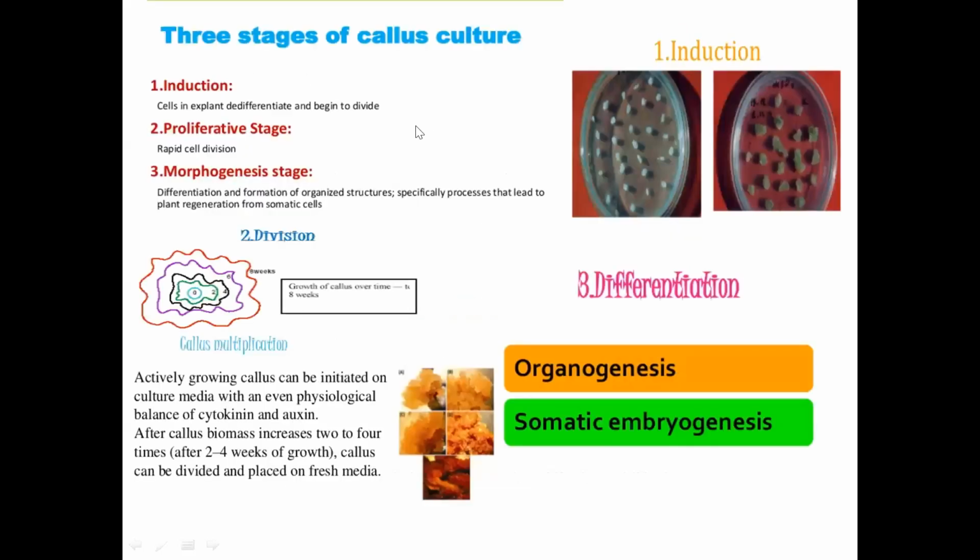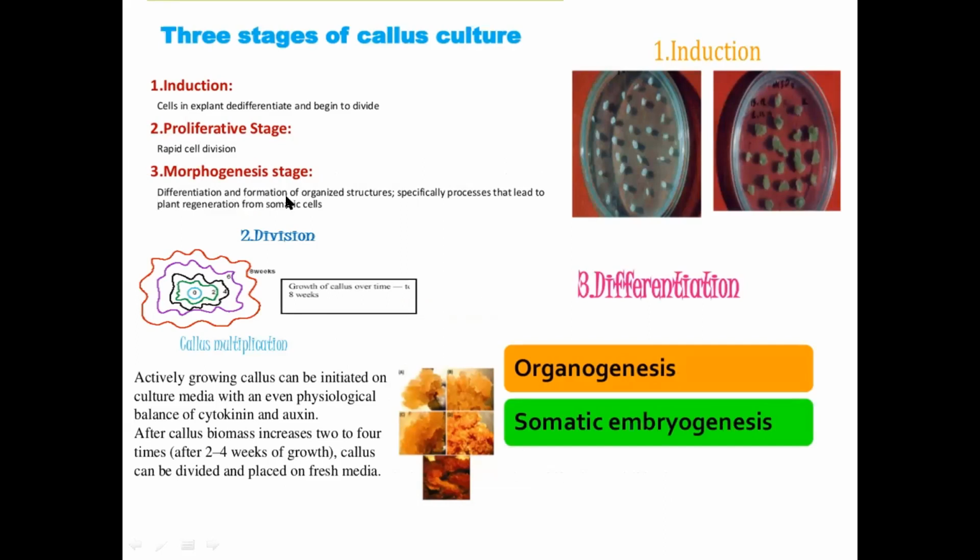There are three stages of callus culture: induction, proliferative stage, and morphogenesis stage. Induction is establishment, just like what you saw in micropropagation: induction, multiplication, and regeneration. Similarly, induction is the first stage of callus, when the cells begin to divide. Proliferative stage is the rapid multiplication stage.